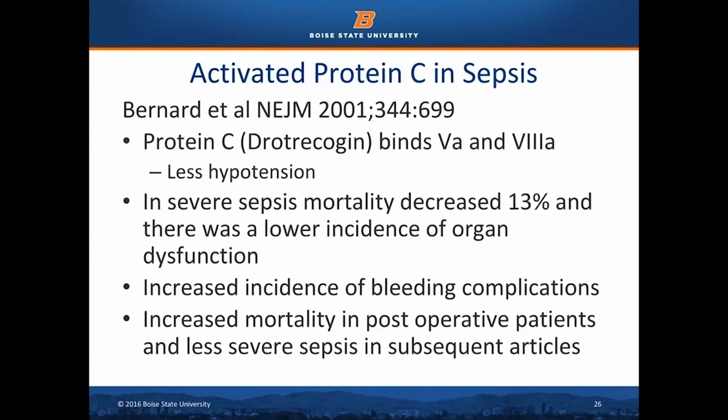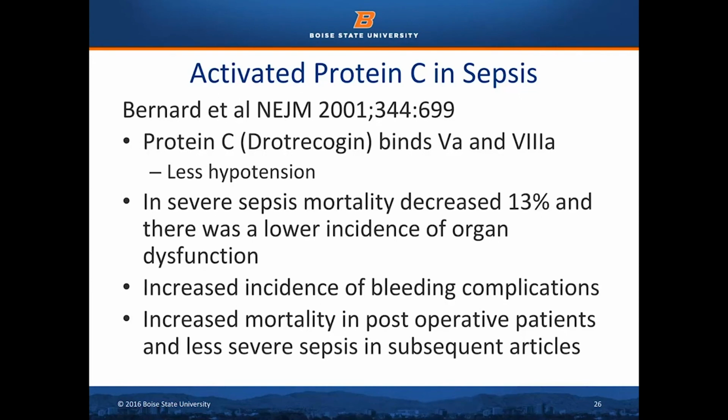The activated protein C, drotrecogin alfa, Xigris, that peptide, that protein C that inhibits the coagulation response and the immune response, was shown in early studies to lead to earlier restoration of blood pressure, decreased mortality, but in subsequent studies, and there were several subsequent multi-center studies, it's been shown to actually increase mortality related to bleeding complications.